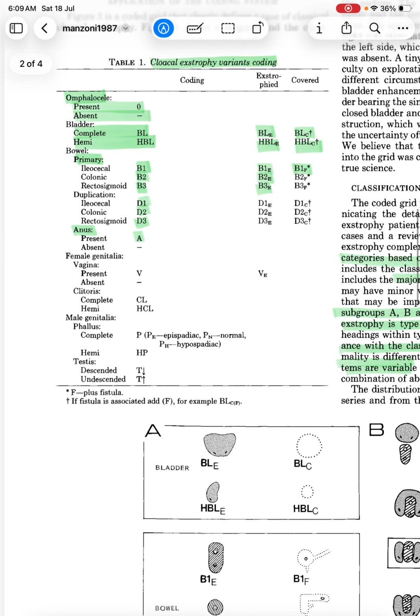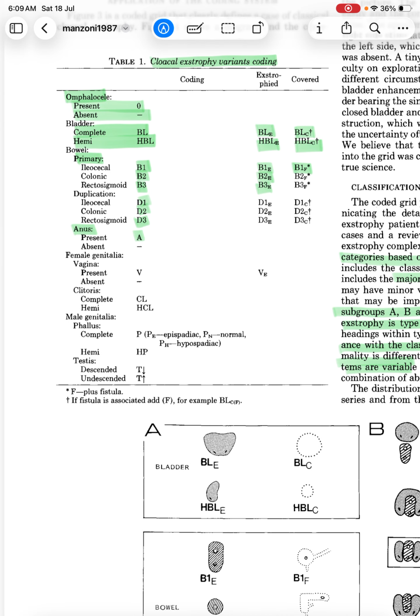Female genitalia they have classified as vagina present, then V, and if it is exstrophied, then E. Absent is absent. Clitoris is either complete or hemiclitoris. For male genitalia, the phallus can be complete, which they have named P. PE means epispadias, epispadiac.